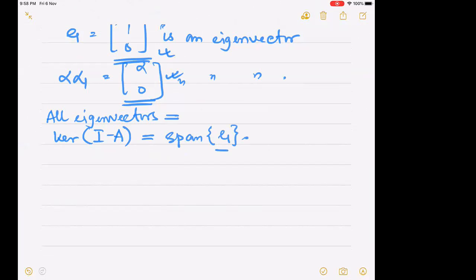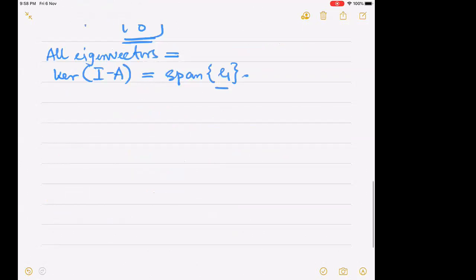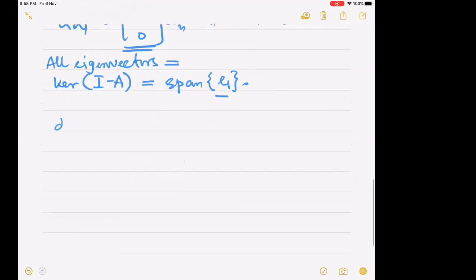Is that all right? As we have seen, only one linearly independent eigenvector is there. However, the dimension of the vector space is 2, and we needed 2 linearly independent eigenvectors for diagonalization. But here we have only one.